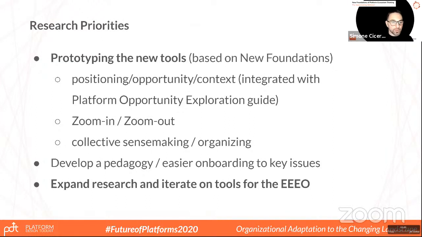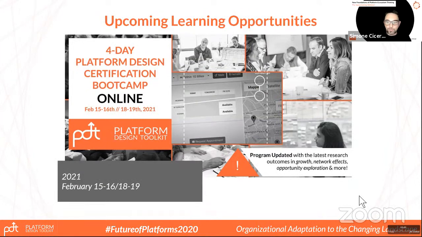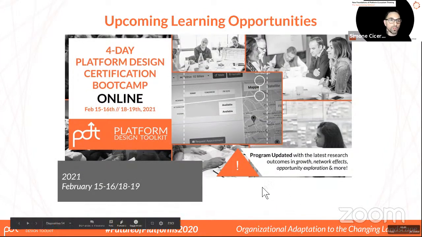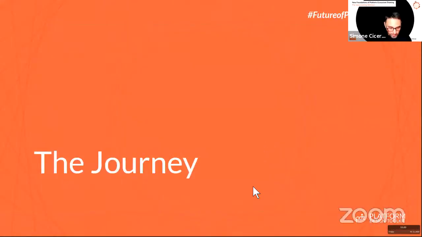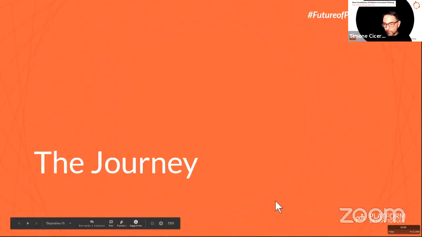And we're going to expand the research and iterate on the tools with regards to the E3O, the Entrepreneurial Ecosystem Enabling Organization theory that we are somehow unearthing with our community along these weeks and months. So coming up, there is a possibility to be with us to learn our methodologies in February. So check it out on the website, and let's continue with this journey all together.